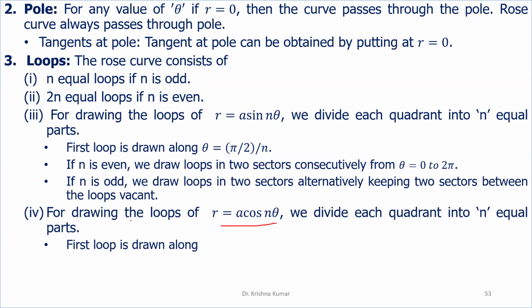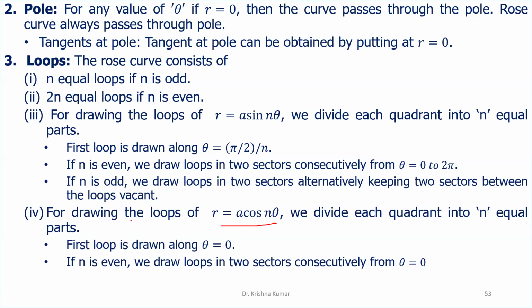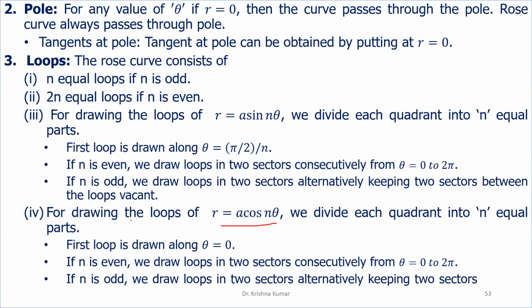The first loop is drawn along theta equal to 0. If n is even, we draw loops in two sectors consecutively from theta equal to 0 to theta equal to 2 pi. And if n is odd, we draw loops in two sectors alternately, keeping two sectors between the loops vacant.